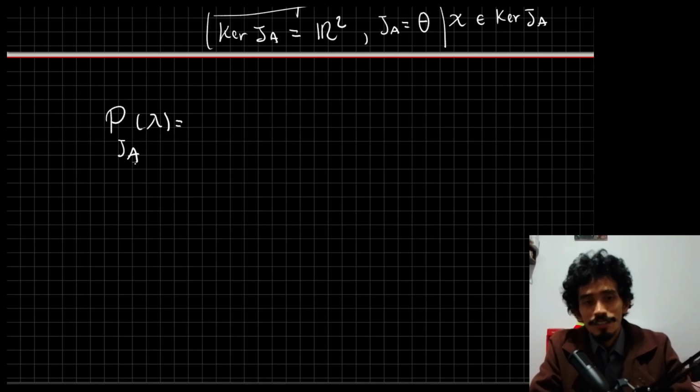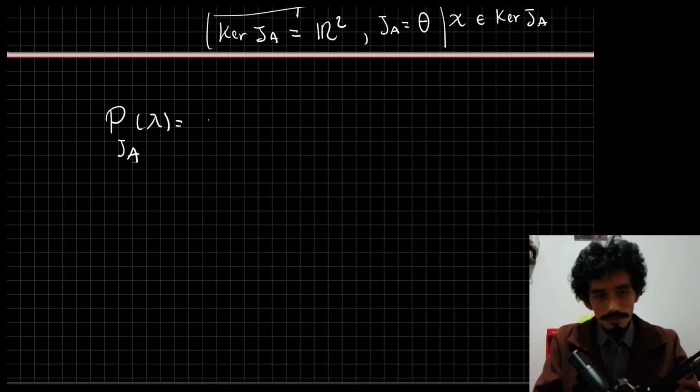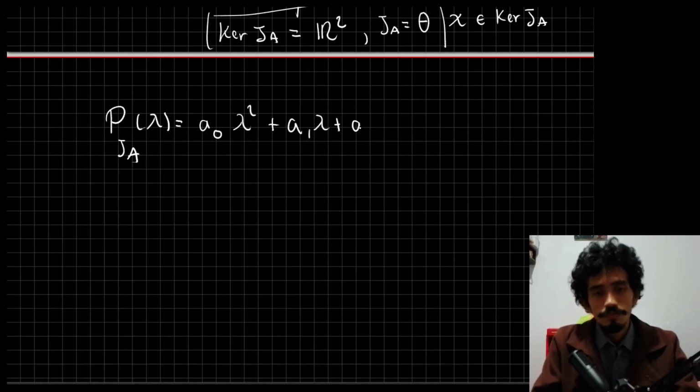is a polynomial, of course, of second degree. Let's say a0 lambda squared plus a1 lambda plus a2. So this is a polynomial with real coefficients. Everything here is real.